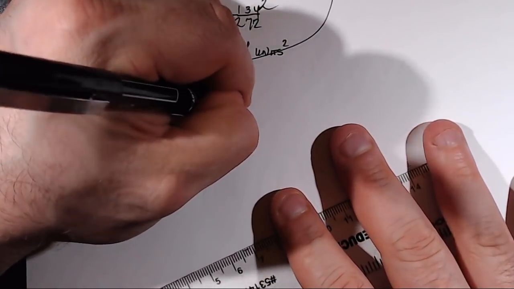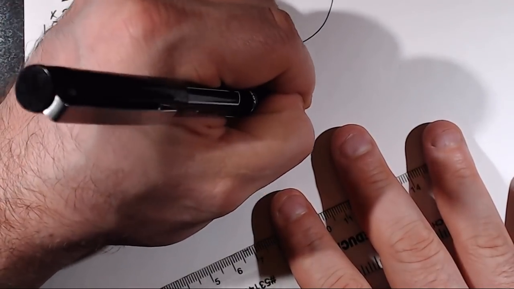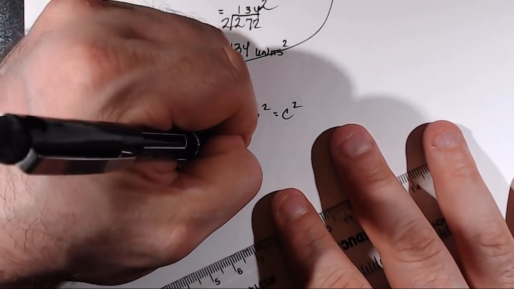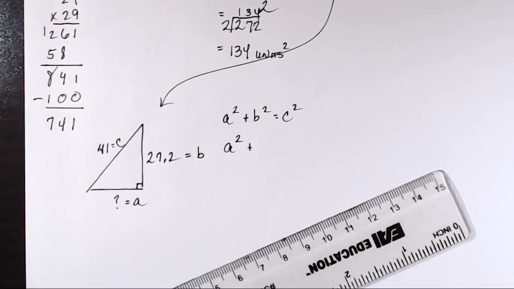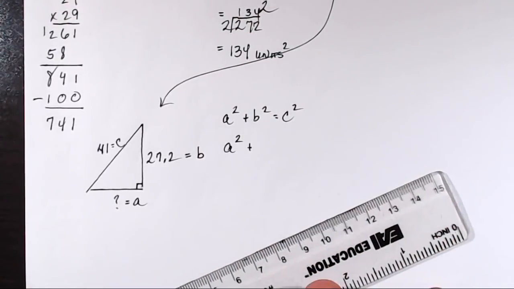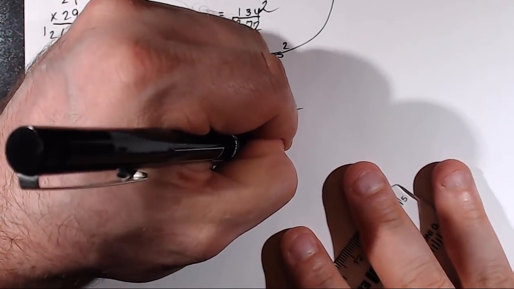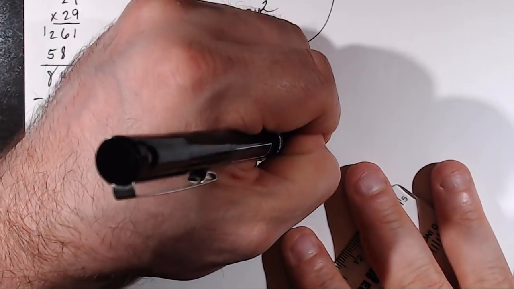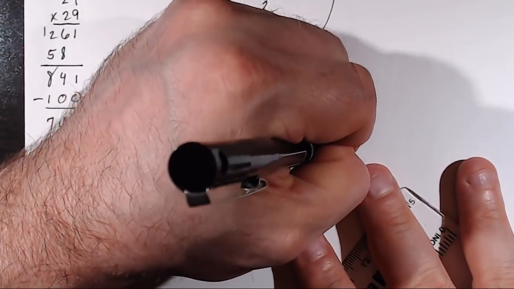So A squared plus B squared equals C squared. Well, we don't know A, so it's A squared is unknown, plus B squared, that's going to be 27.2 squared, equals C squared, which is 41 squared.